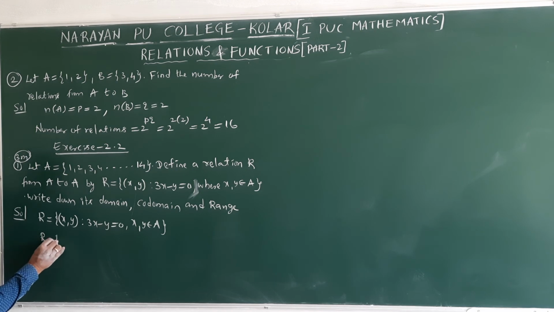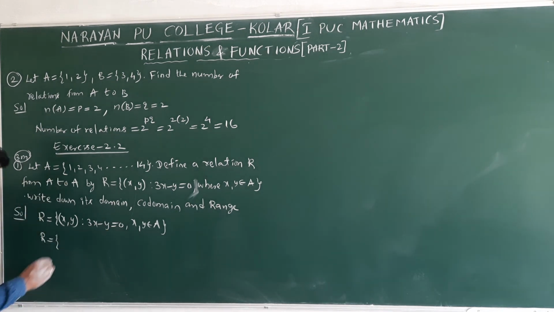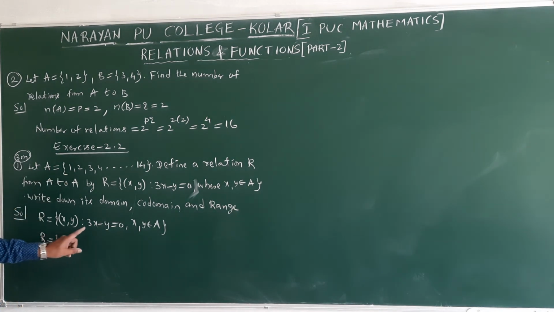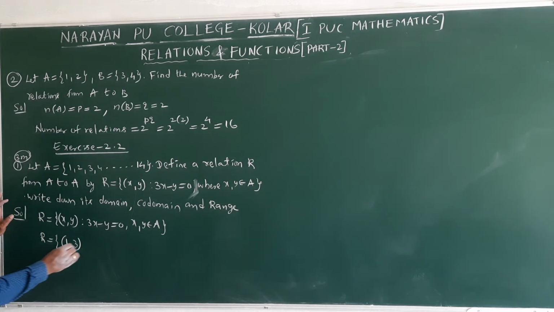We need to find whatever x you take, how much y you will take to get 0. For example, x I take 1, 3 into 1 is 3, so y is 3 to get 0. That's why x is 1 means y is 3.